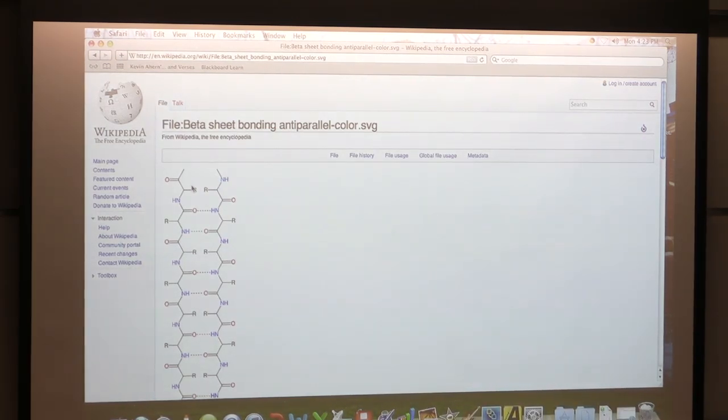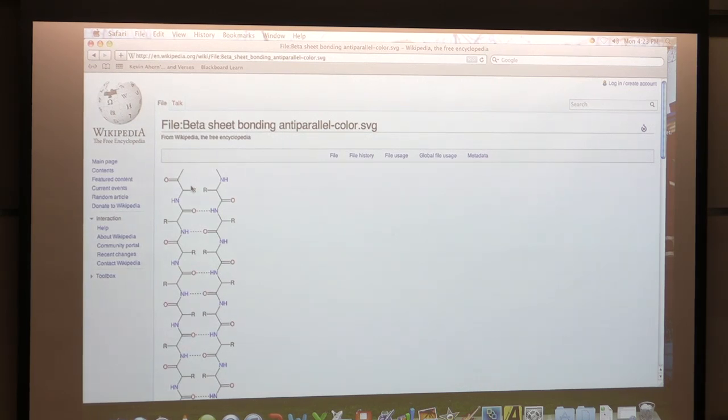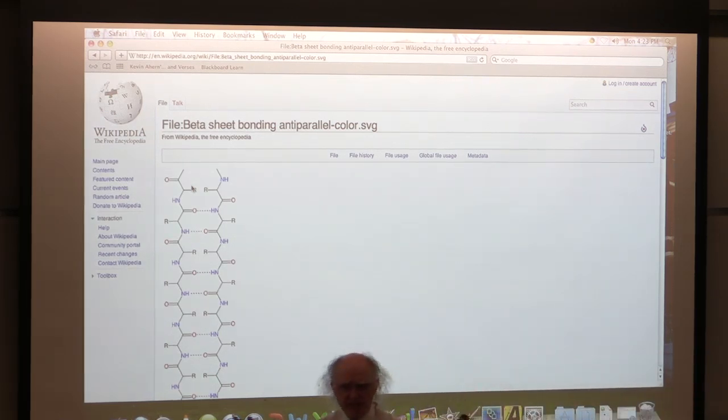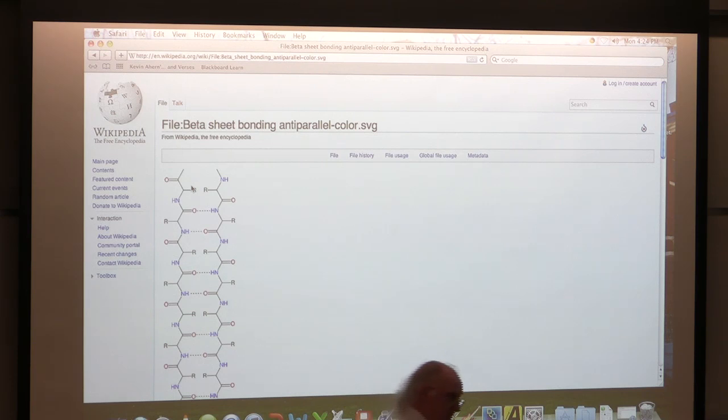Okay? The next question you might ask is, well, what does a protein decide to do? Does it have a beta strand, or does it have an alpha helix? And the answer is it depends on the sequence of amino acids. The sequence of amino acids will determine what the secondary structure of a protein is.